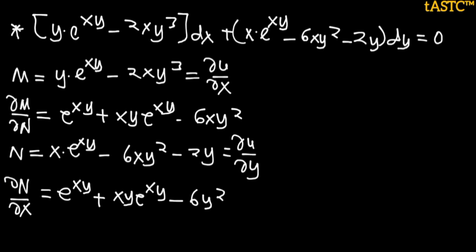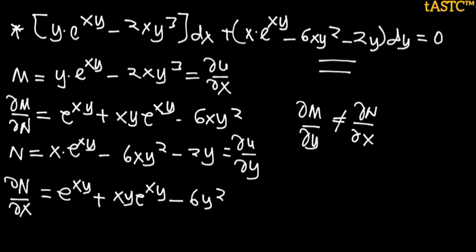Now, as you can see, this stuff is not the same thing as this. And so for that reason, we're going to say that partial m, partial y is not equal to partial n, partial x. Whoa, sorry, we made a mistake there. This should be partial y. Therefore, we're going to say that this equation is not exact.